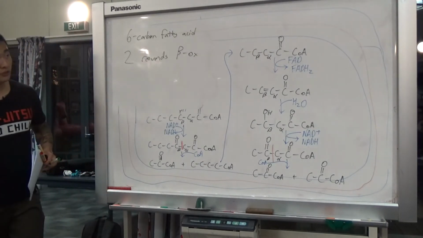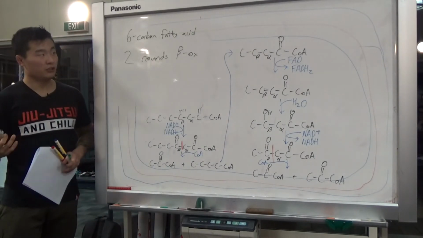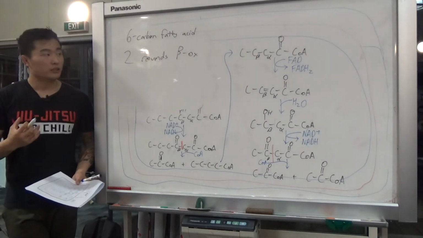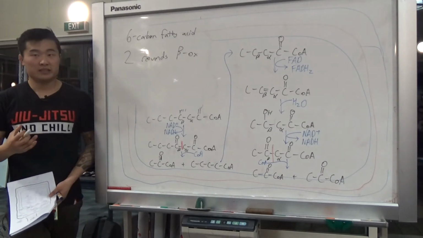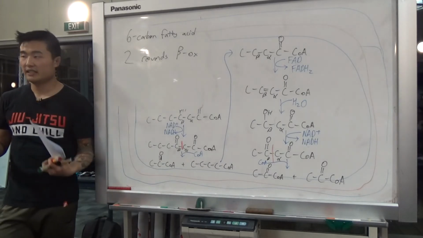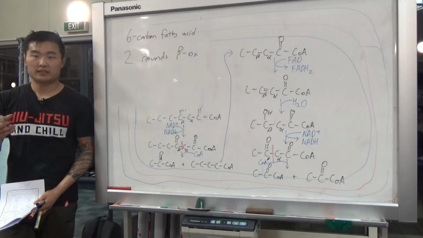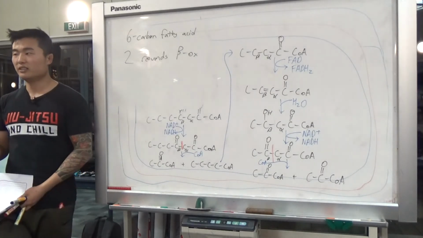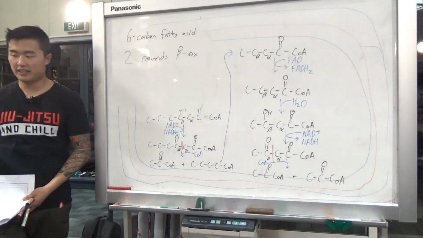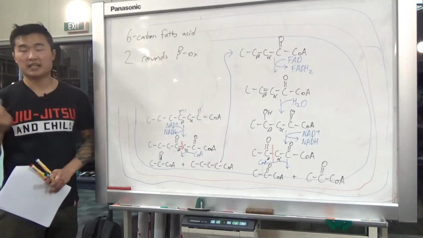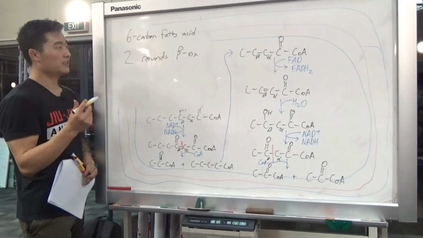If you want to know, and they're going to ask you this in the exam, if you have a 10-carbon fatty acid, how many rounds of beta oxidation will you do? So it's divide the number by 2 and then minus 1. In this case, 6 divided by 2 is 3, minus 1 is 2. So you're going to do 2 rounds of beta oxidation.